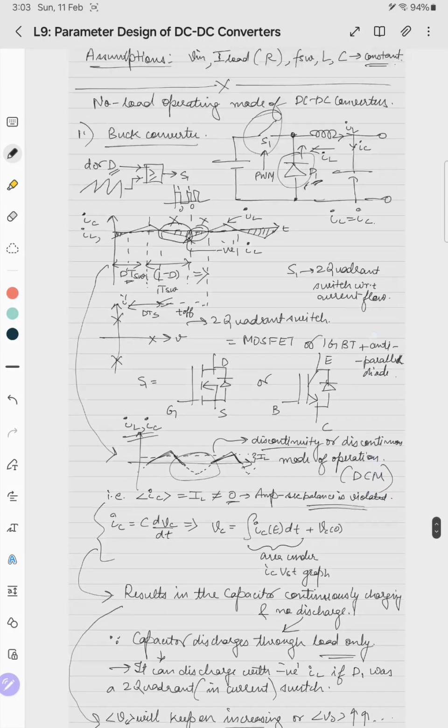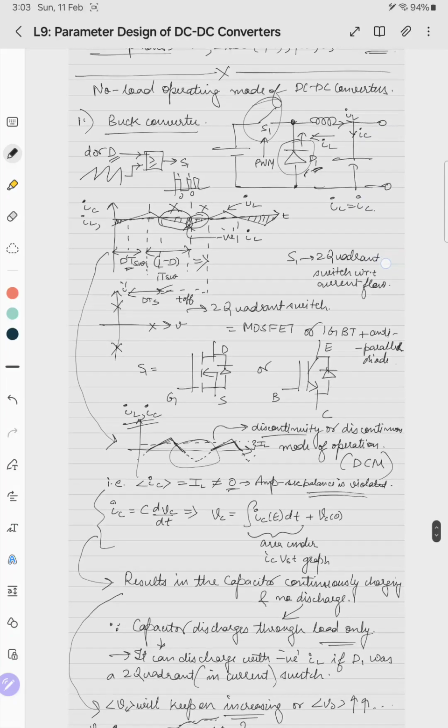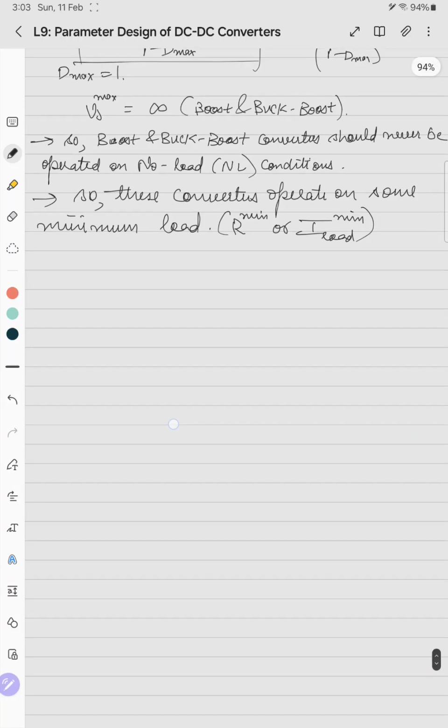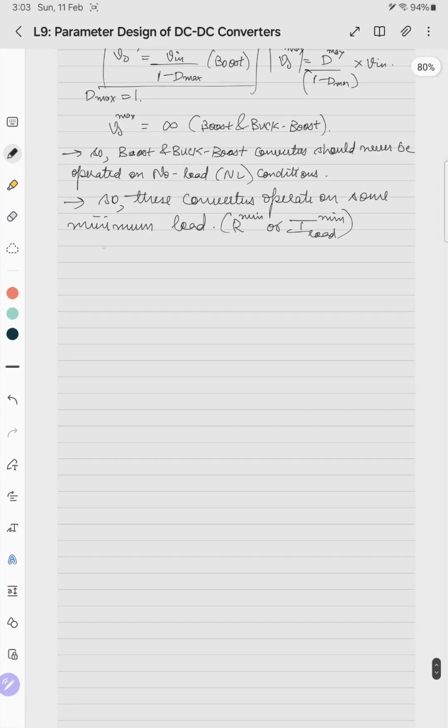So you can derive the minimum load across a boost or buck boost converter because the inductor current waveform is the same for all the three converters. So what you can do is say that the inductor current waveform just touches the t equals 0 axis.